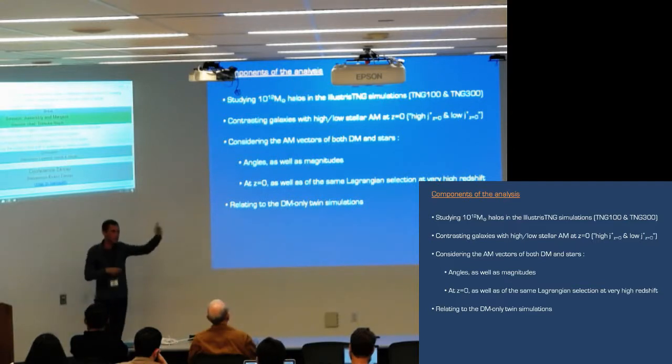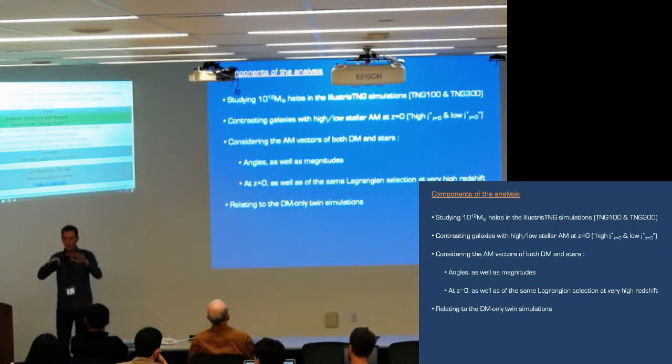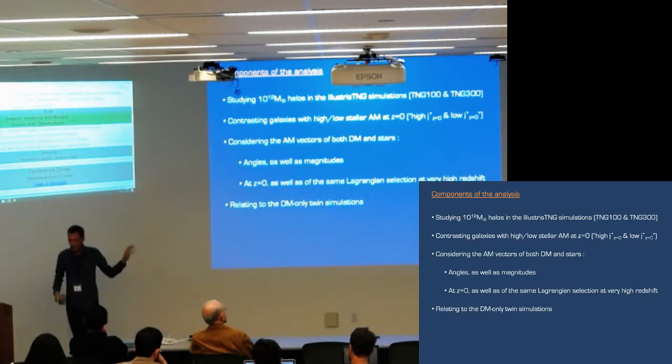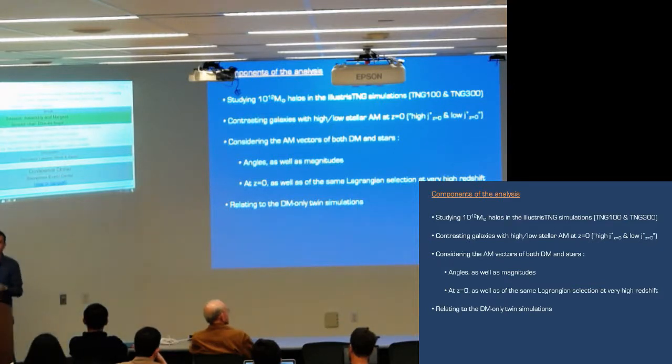So when I follow them to very early times, I will essentially be looking at gas, but this is the gas that at redshift 0 will be locked in stars. This is what I mean by Lagrangian selection. And then I will also be relating a little bit to the dark-matter-only analog simulation of the full-physics hydro simulations.